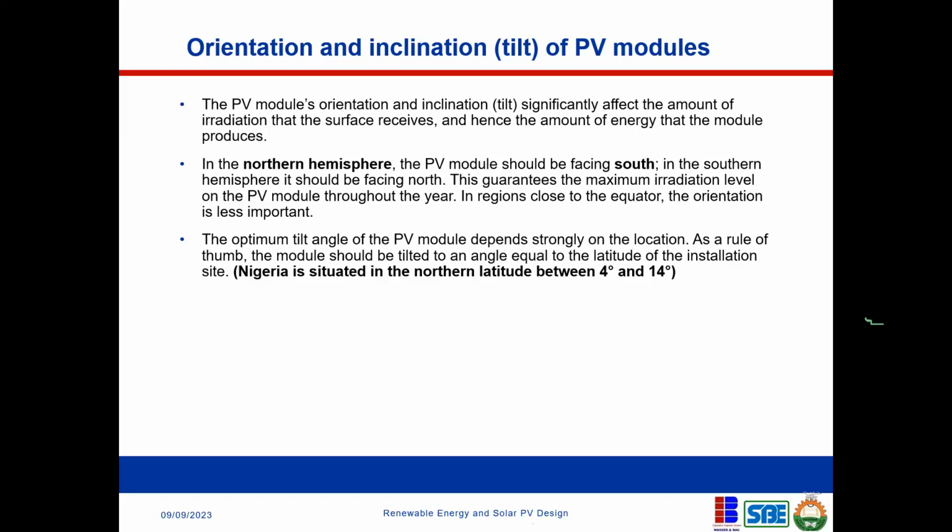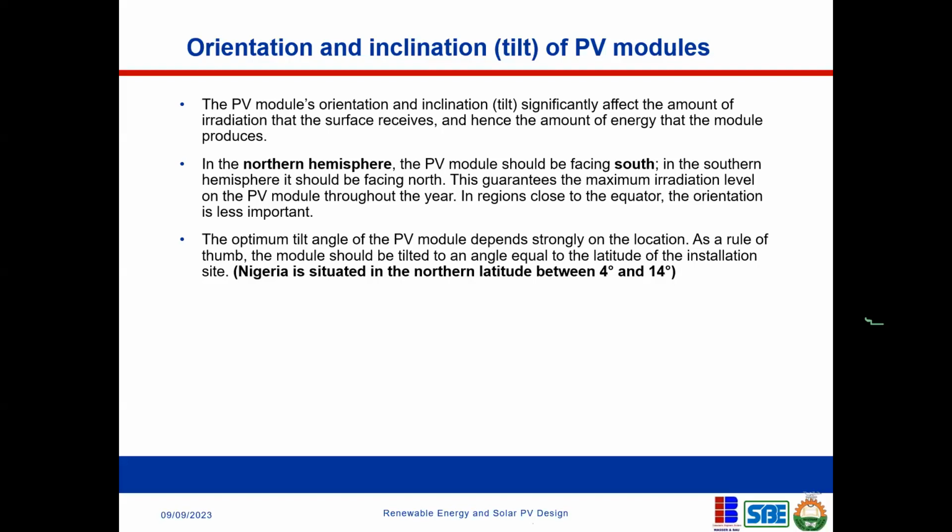Nigeria is located between latitudes 4 and 14 degrees, so your tilt angle should be between maybe 4 and 14, maybe you can do 15. You don't need so much tilt angle for your PV panel. But again, the rule of thumb is that your tilt angle should correspond to the latitude of your installation site, so you might want to check Google to find out the latitude of your installation site.